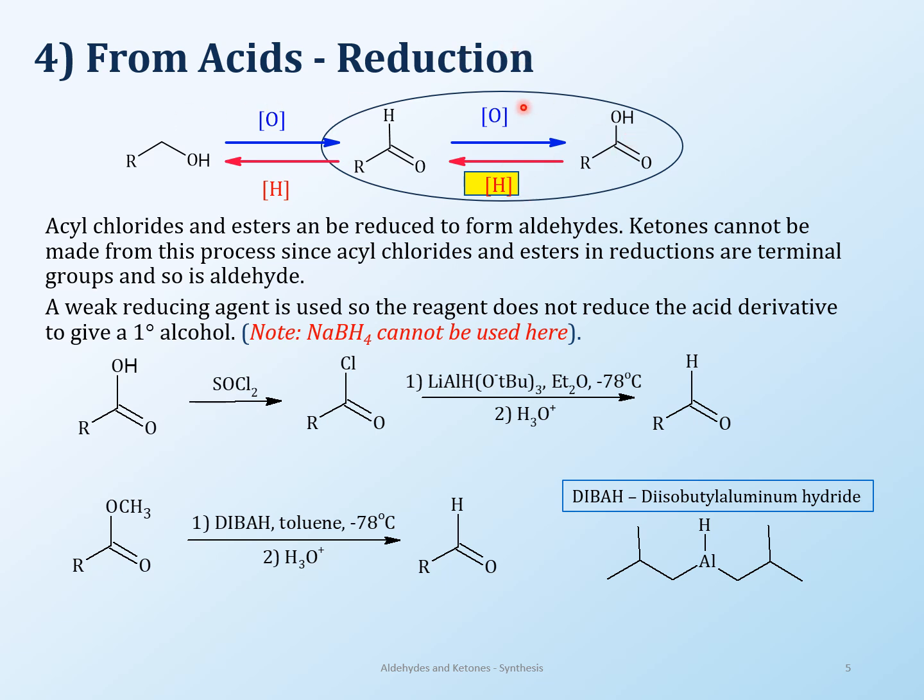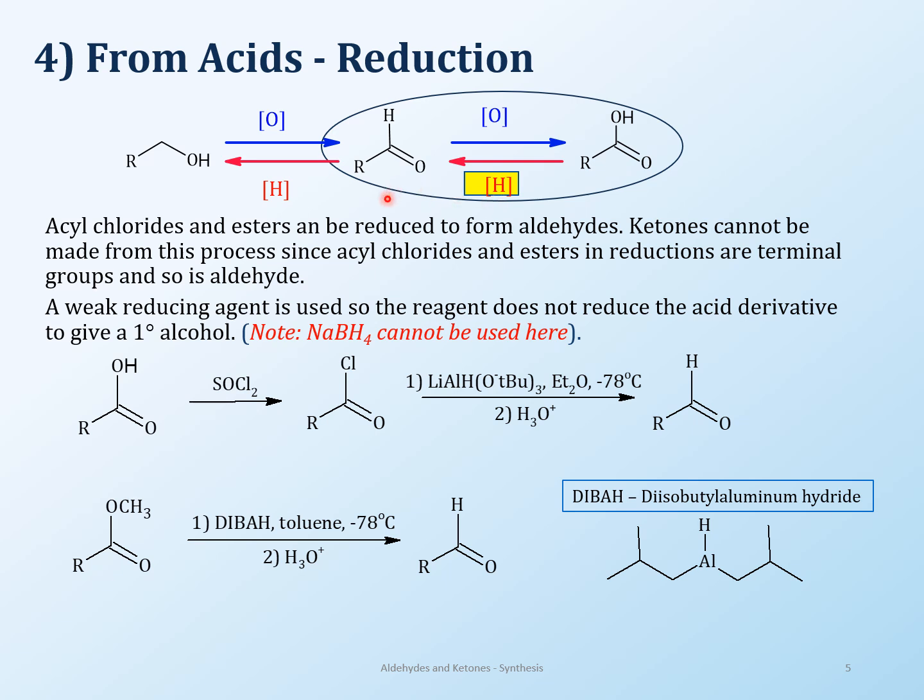So now we are at the other end of the scheme here for oxidation reduction. So now from acids, you can reduce the acid to give you an aldehyde or a ketone. So here you have reduction. This is what we are focusing on, okay? But in this case, the bad thing is that you can only get aldehydes.